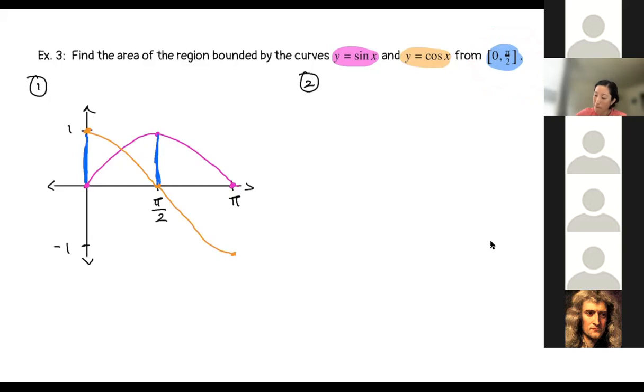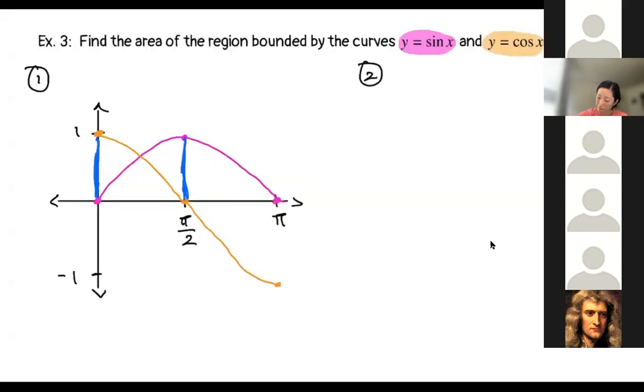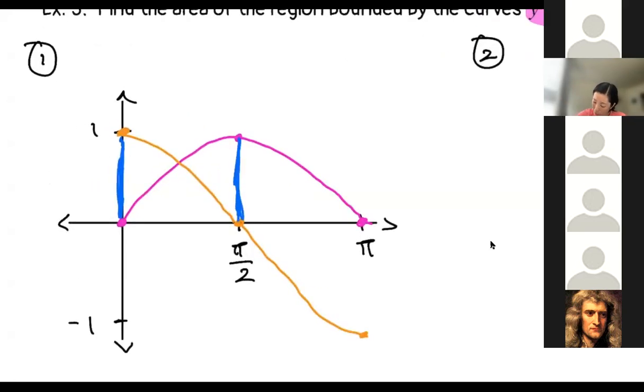I noticed that the equation has y equals some things with x, y equals some things with x, and they even give us x values here. And so all of that is leading me to believe that I should be drawing my rectangles perpendicular to the x-axis.